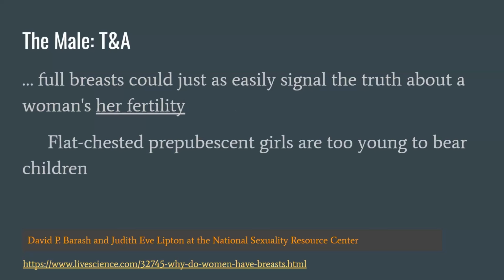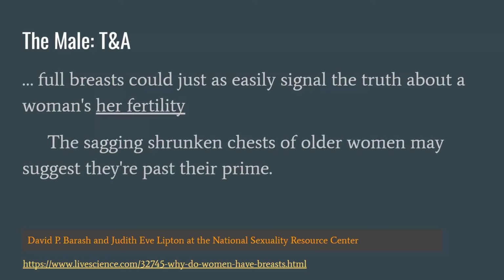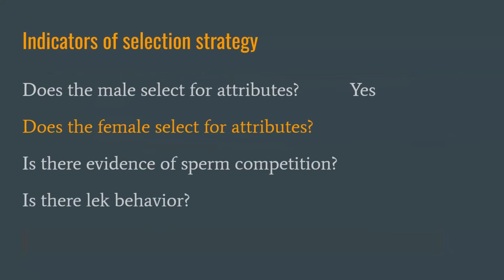Another thing is they indicate whether she's ready to have offspring or not. Is she fertile? If she's flat-chested and prepubescent, she's not ready to have offspring, so she's of no interest. And if she's got boobs down to her knees, she's probably past her prime, and she's probably also not a good bet.